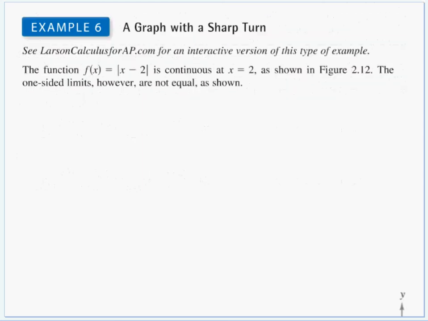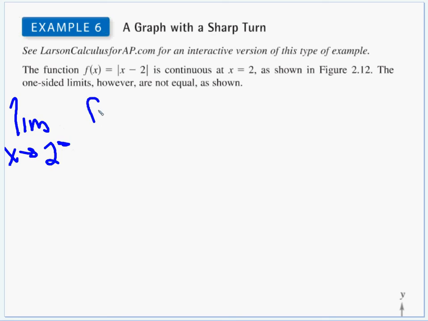Now here, a graph with a sharp turn. For this, we're just going to use that alternate form they showed us. Let me do the limit as x approaches 2 from the left side.